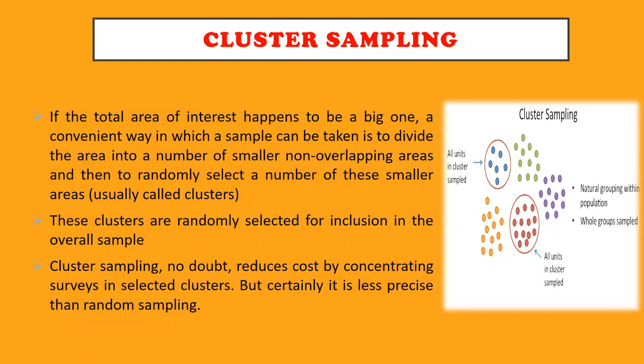In cluster sampling, we will collect information from all the units in that cluster. Suppose in corona time we have identified a cluster area, and we collect blood samples from all the people within that cluster. Then we will test their results and see whether they are affected by corona or not. So this is how cluster sampling is done. We will select one area, and from all the units in that area, we will collect the data.